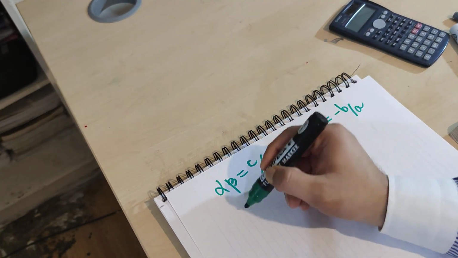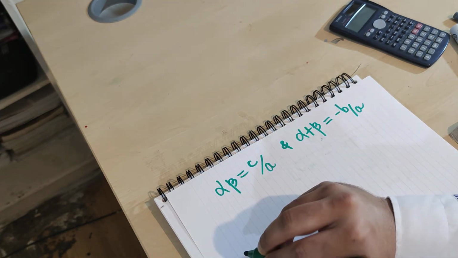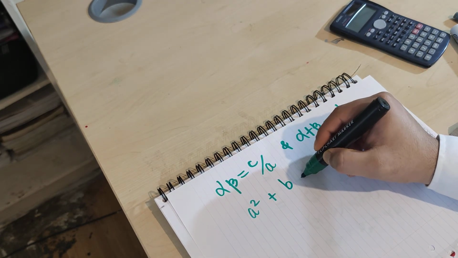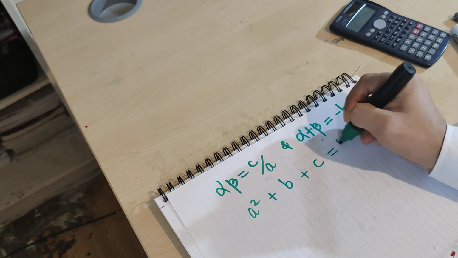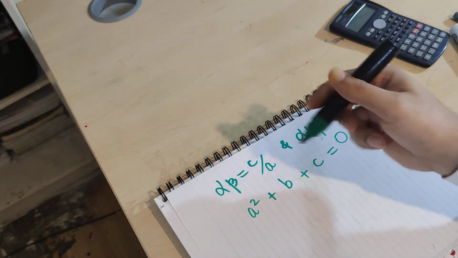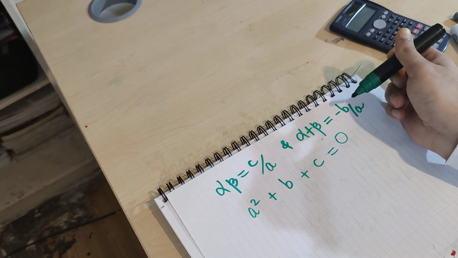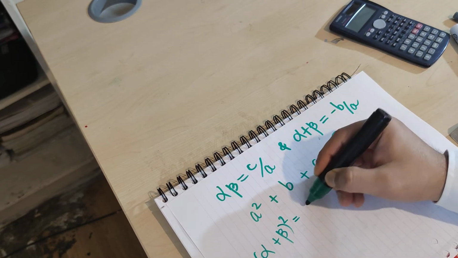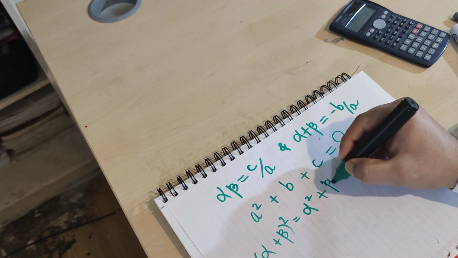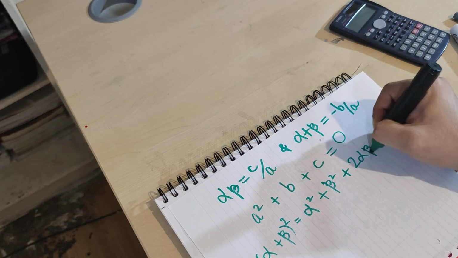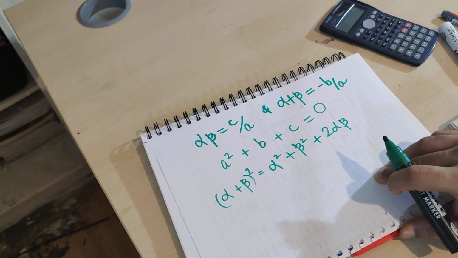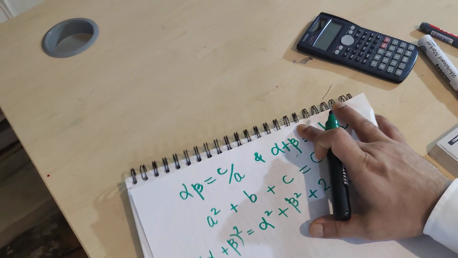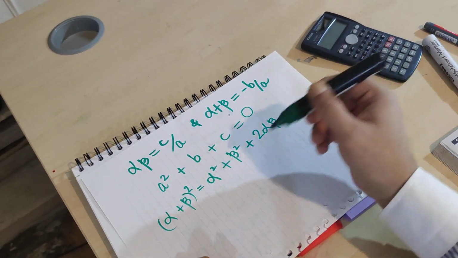So we'll have to do alpha in an equation where you have ax squared plus bx plus c equals 0. Alpha beta is c over a, and alpha plus beta is minus b over a. Now when you square alpha plus beta, you get alpha squared plus beta squared plus 2 alpha beta. When you get that, you'll have to plug in the values here.